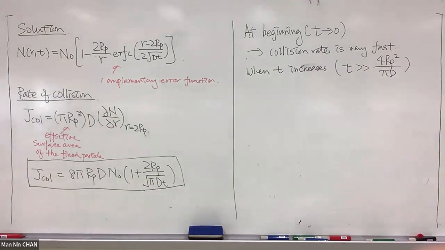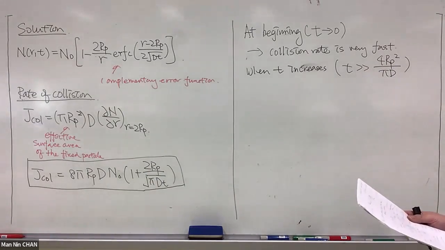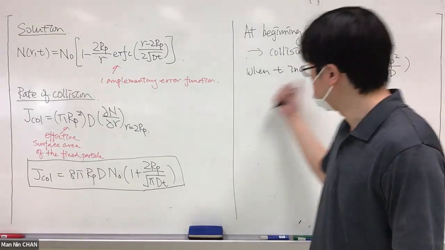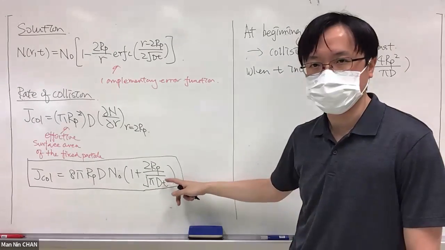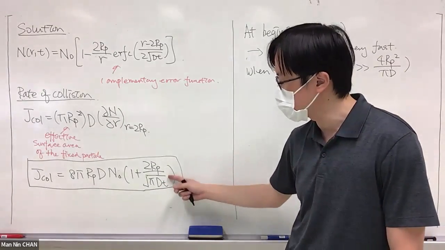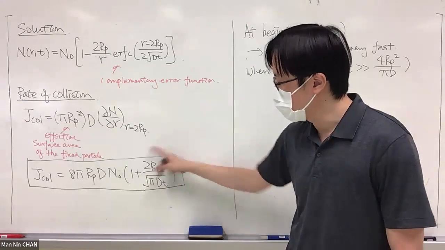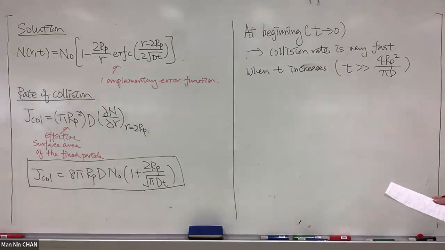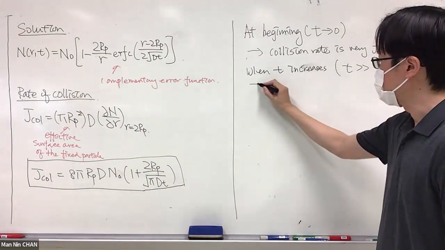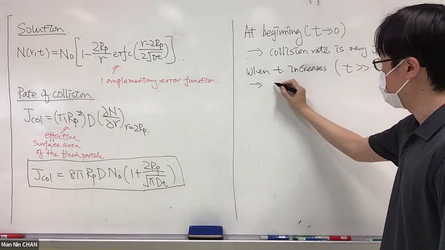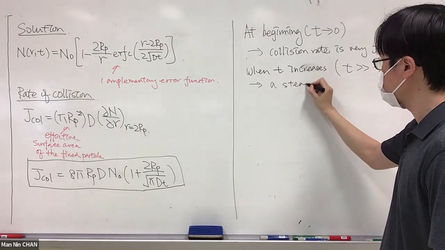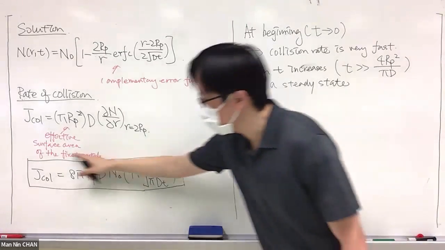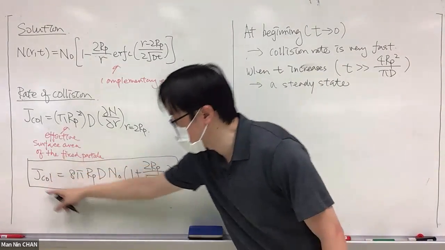Or you can just argue that as the time increases, no matter what, under this condition or not, this term will become insignificant. So we can say that we reach a steady state, and then your collision rate will just equal to this term.